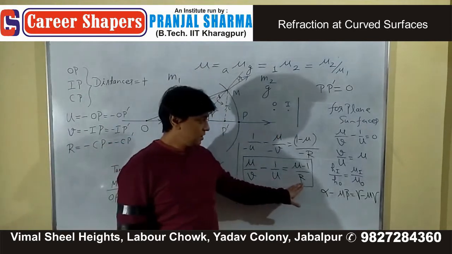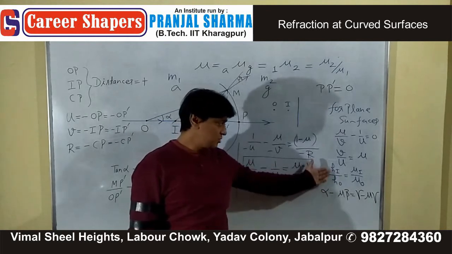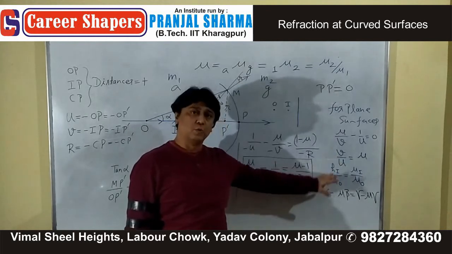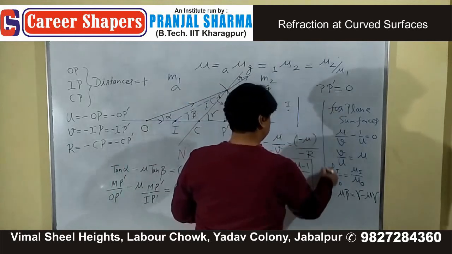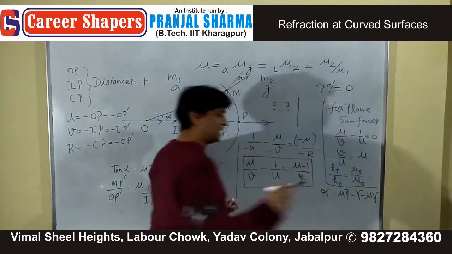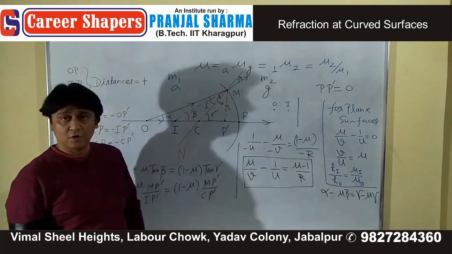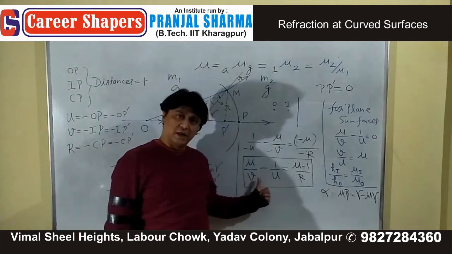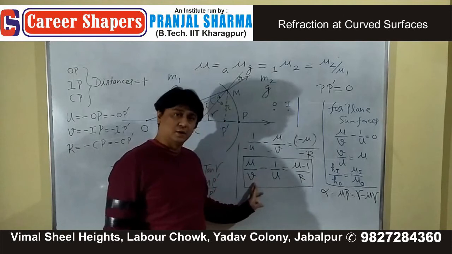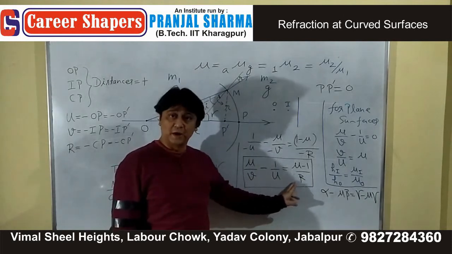Same formula, it can convert itself to HI upon HO equals to mu I upon mu. You can mention this thing as a side note. We are basically interested in refraction at curved surfaces. Now, always remember this format: V, image, U, object, R, radius.